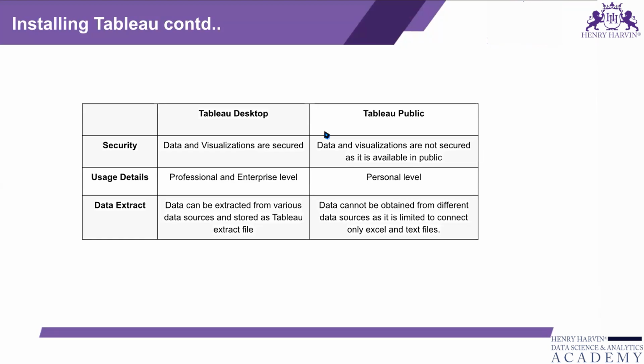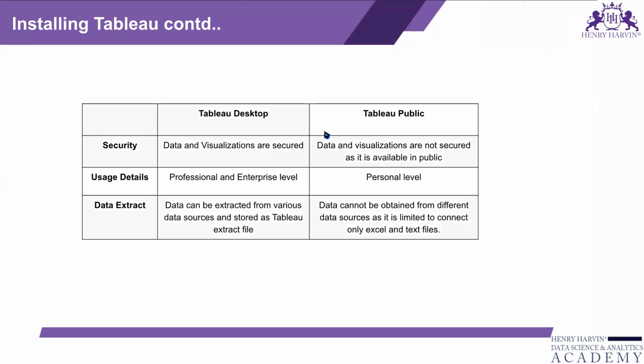Now, data extract: how do you extract certain data? It uses various data sources that are stored as Tableau extract files, so you can save them and open them again using those extract files. Here you cannot do that because you cannot save those files.